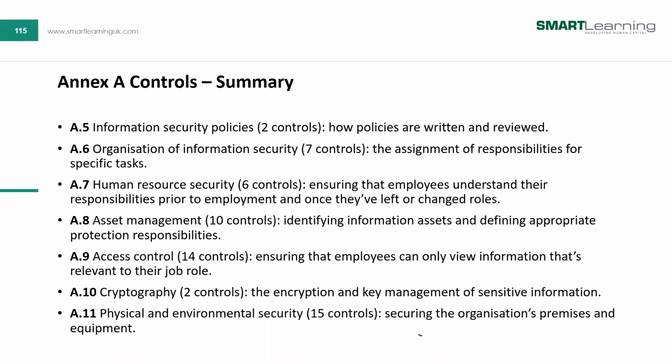Okay? So you see the count of the controls: 2 in policy, 7 in organization of information security, and the count just goes like that. In physical security, we have 15. Access control, 14. Okay, let's go ahead.